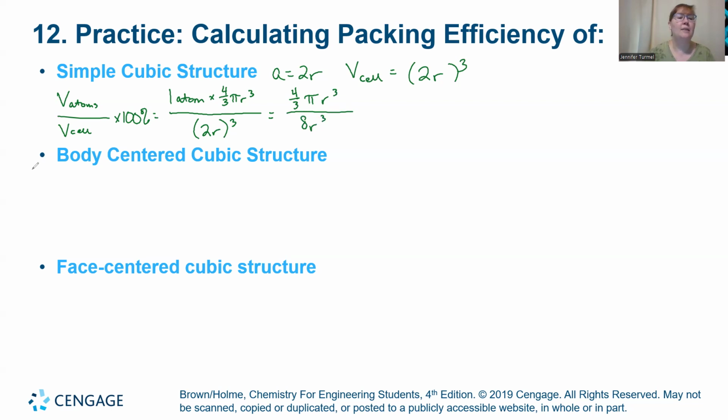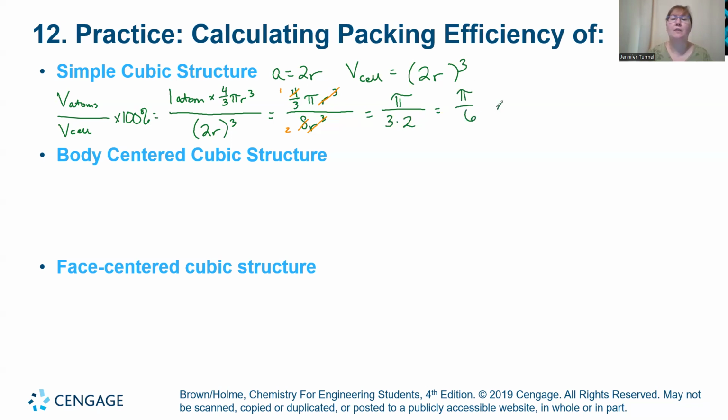Now let's look at how this gets canceled. We can cancel our r cubed, and 4 becomes 1 and 8 becomes 2. So now we have pi over 3 times 2, because this 3 goes into the denominator. So we have pi over 6.